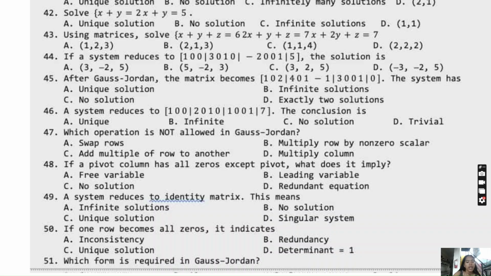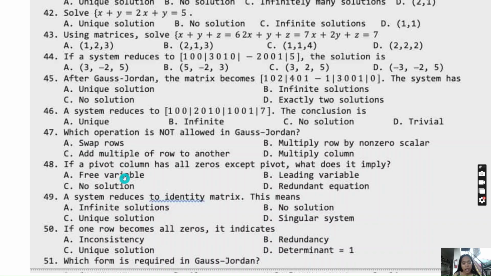So to proceed with our number 46, a system reduces to the first row 1, 0, 0, 0, 1, 0, and 0, 0, 1, and our x is 2, y is 1, and our z is 7. So the conclusion is letter A, unique solution.